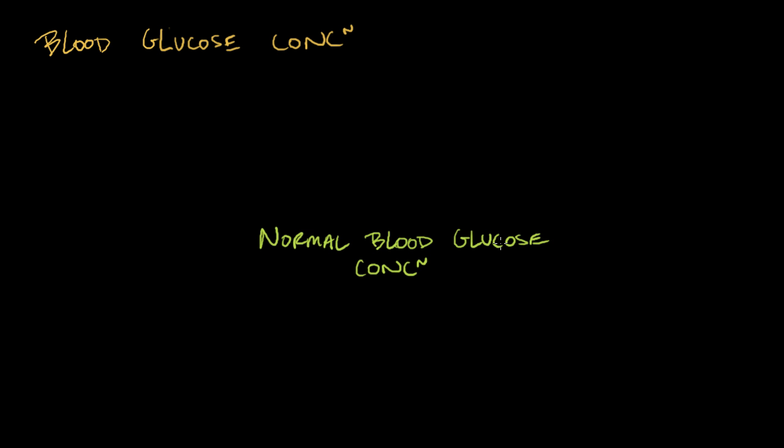So let's talk about what happens when the blood glucose concentration goes too high. And this would be simply because you had some food that was high in the glycemic index, something that was really sugary or even fatty, that increases the amount of blood glucose or other particulates in your blood. So what happens?